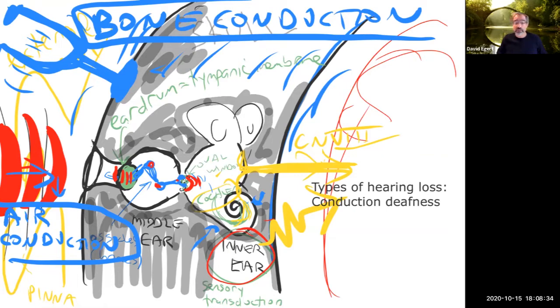I was about to say if there's something wrong with those two special muscles that help in vibration of the ossicles. Oh, interesting. I have never heard of that, but theoretically, I could imagine that.